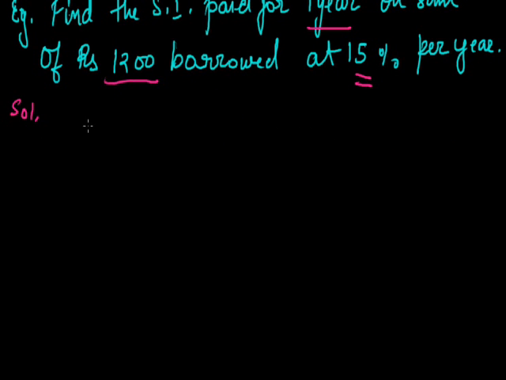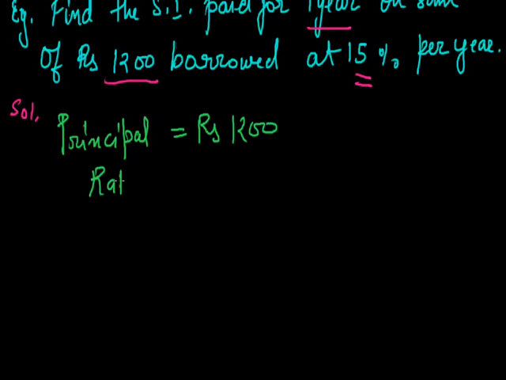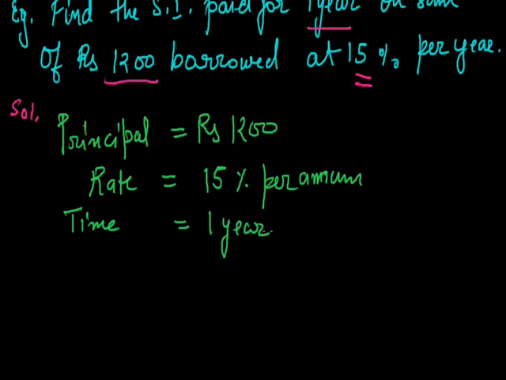Now this means 15% rate of interest means that, in this question we are given the principal, that is the sum we borrowed, which is rupees 1200, then the rate of interest is 15% per annum, and the time period is 1 year.